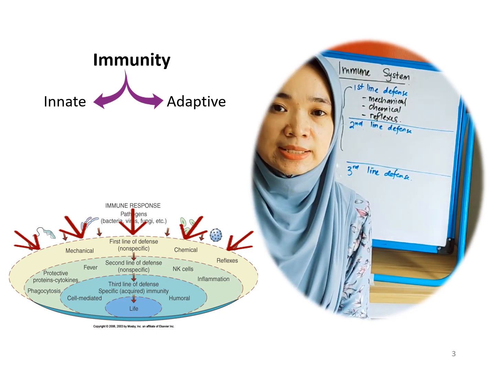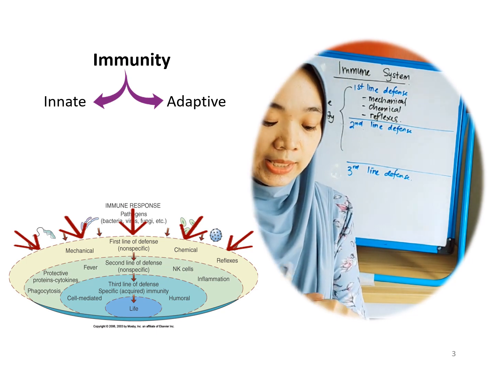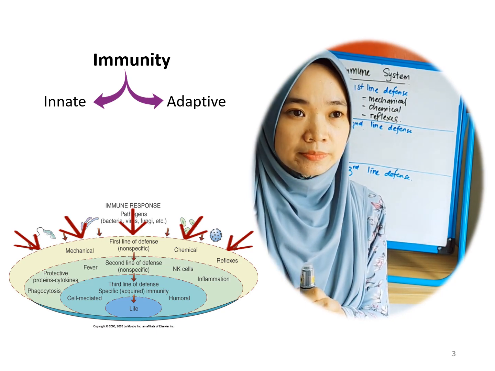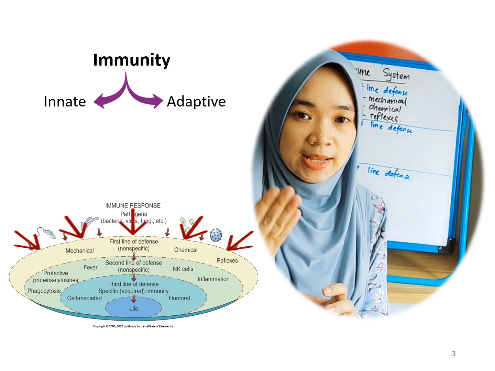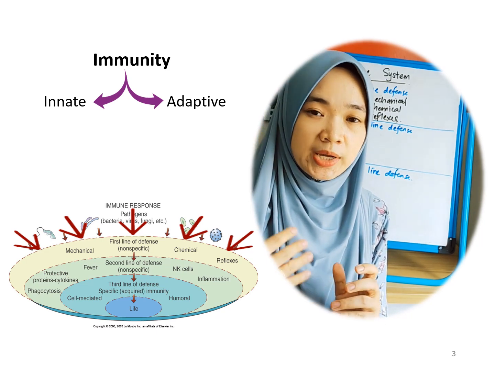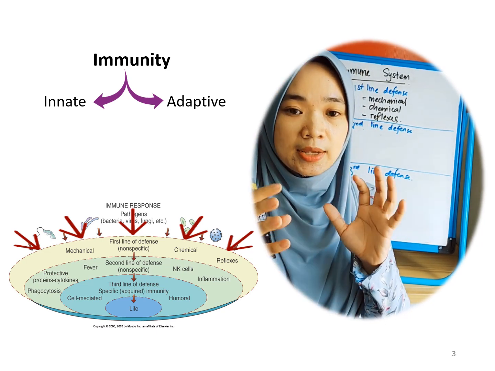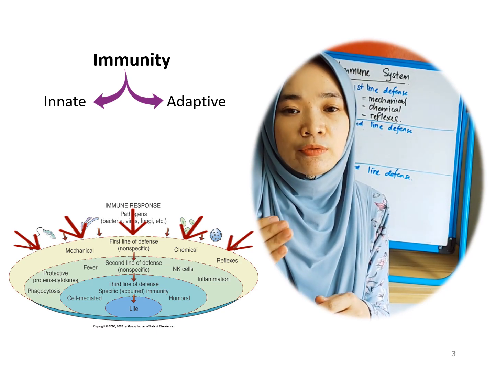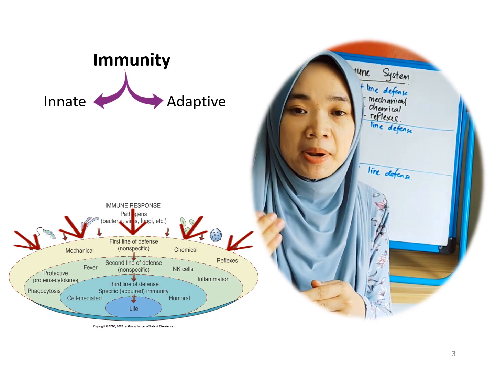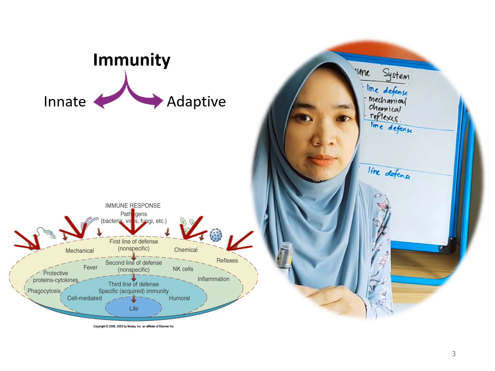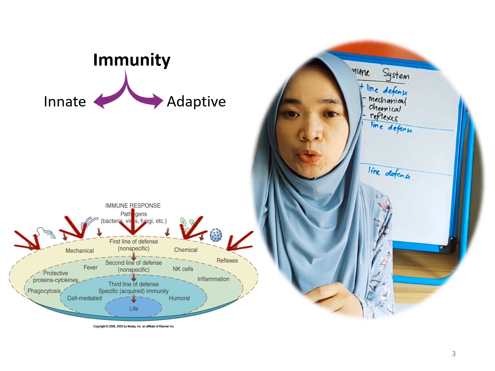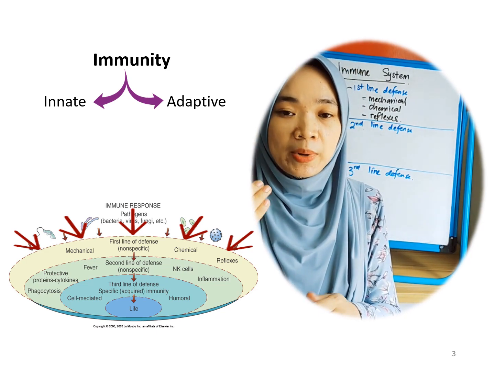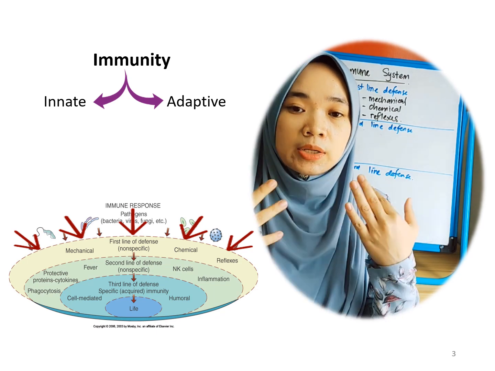Mechanical defense. The examples are our skin, the urine, and what else? Cilia and mucus, which physically remove or prevent pathogens from entering our bloodstream, our transport system, because once a pathogen, virus, bacteria, or any invader enters our bloodstream, it can take over the whole body.